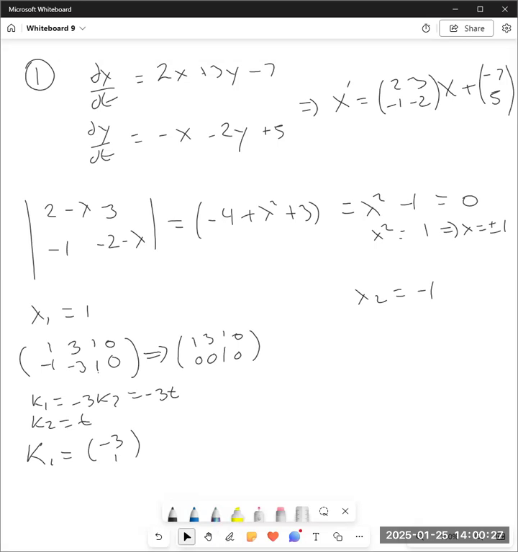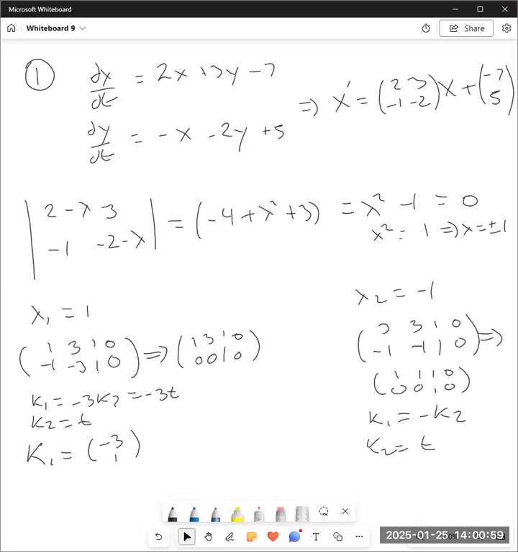Lambda 2 is equal to negative 1. I have [3, 3, 0; -1, -1, 0]. So this turns into [1, 1, 0; 0, 0, 0]. K1 is equal to a negative K2, and K2 is equal to t.